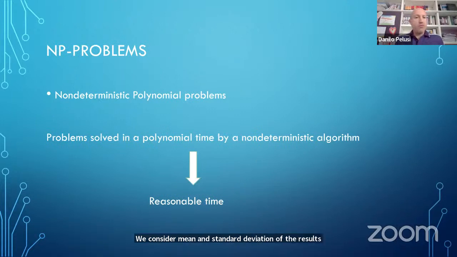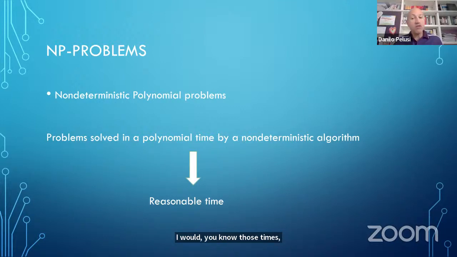So, non-deterministic polynomial problems are problems solved in a polynomial time by a non-deterministic algorithm. In other terms, exhaustive methods give us results in a not reasonable time, whereas with the application of non-deterministic polynomial problems, we consider the solution of our problem in a polynomial time.